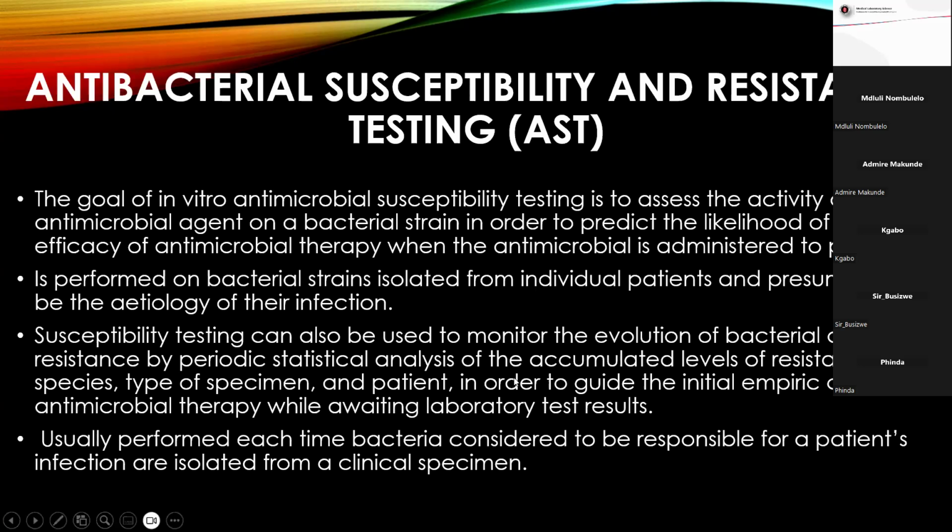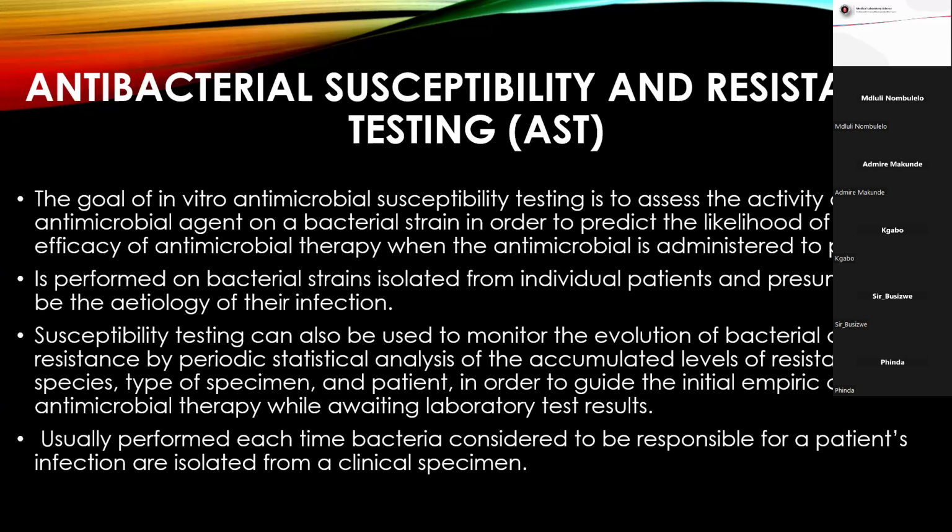So how do we screen for resistance? Usually the test which is done is antimicrobial susceptibility testing, usually called AST, but it's more ideal to say antimicrobial susceptibility and resistance, because you are checking whether it's susceptible or resistant.